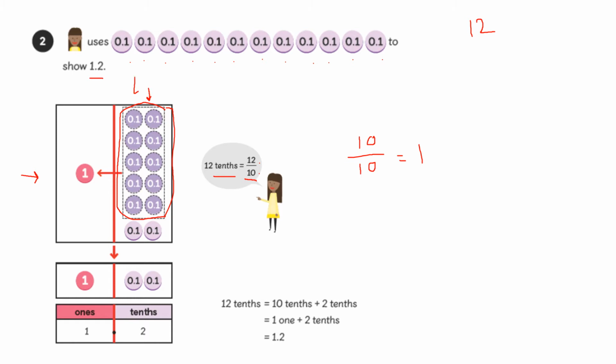And what has she got left over in her tenths column? Let me just put that up at the top so we're very clear, because that's now ones. Hopefully you'll be able to see that Layla has created 1 whole and also 2 tenths are left over. So we've just figured out that 12 tenths is in fact 10 tenths and 2 tenths, and we'd be able to write that as a decimal as 1.2.